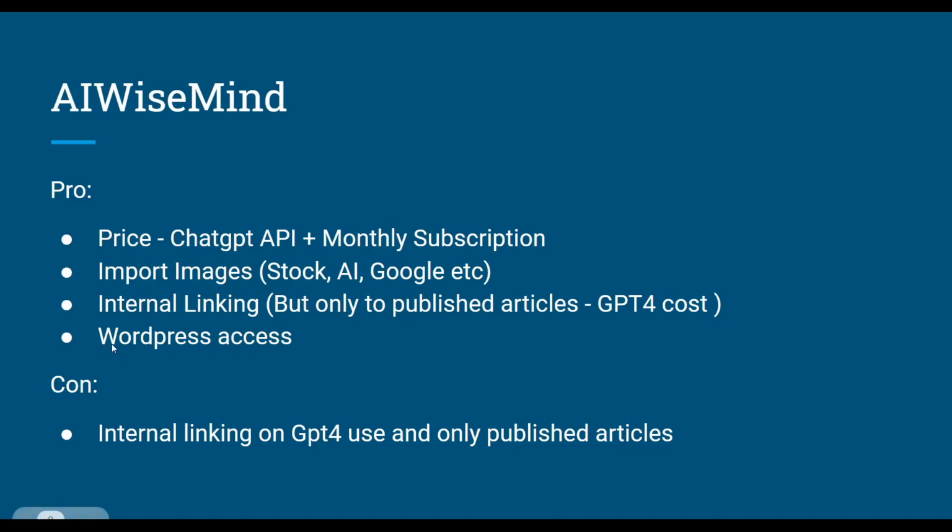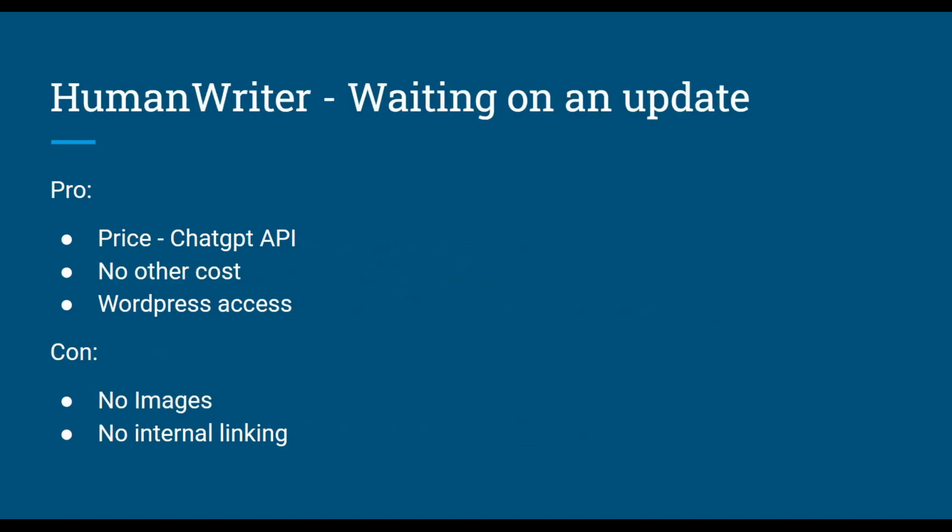The cool thing is it's got WordPress access. So that's the good thing and the bad thing. The one thing I really like about AI WiseMind is it has a very good part for product reviews, but this is not a product review site, so I'm going to see how this compares in the normal articles.